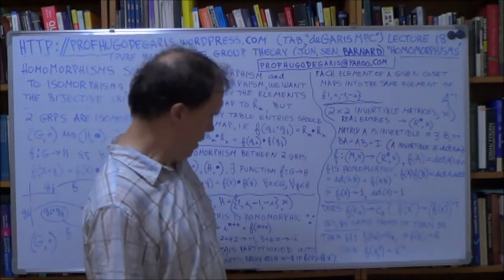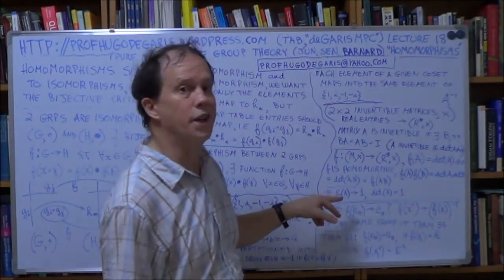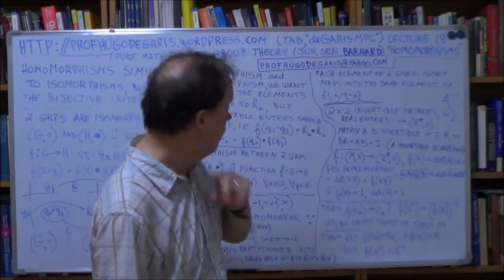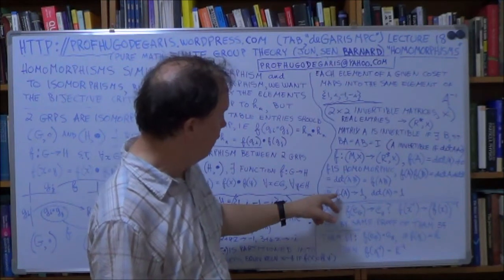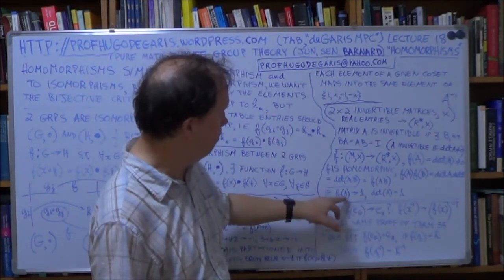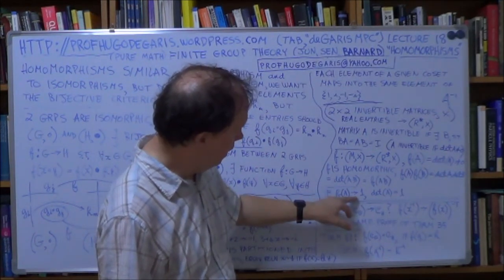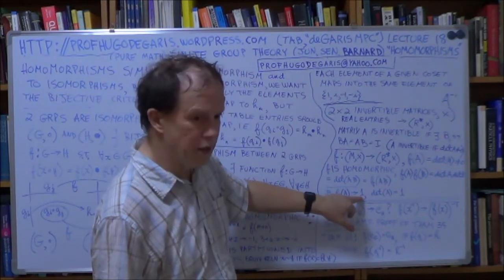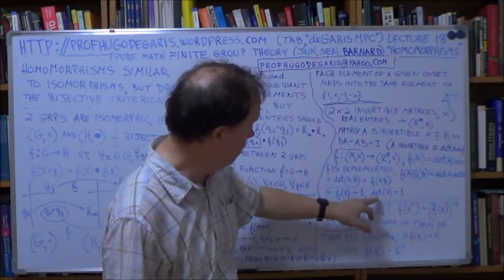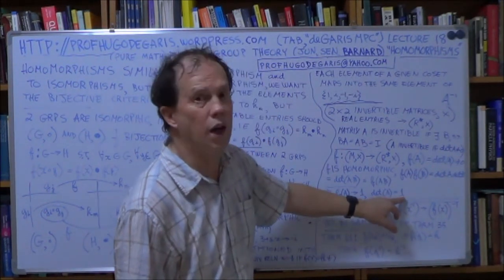Now, interestingly, and this is a foretaste of what's coming in a later session of this lecture: if some matrix A gets mapped by F to the real number 1, then that means the determinant of this matrix is 1.